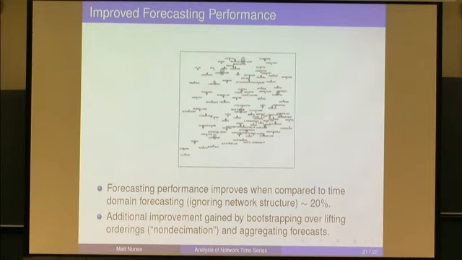And the question from Sophia was, does it matter what node you start off with and the ordering? Well, it does, but there is a way of choosing this ordering. If you ignore that and just randomly choose, and do your forecasting as a bootstrapping type method, then you can aggregate the forecasts and get a lot more improvement than doing it once.